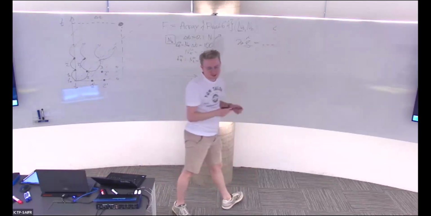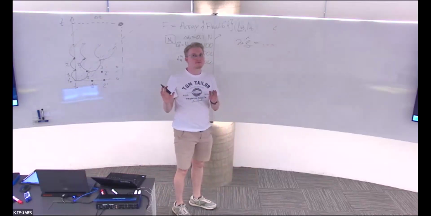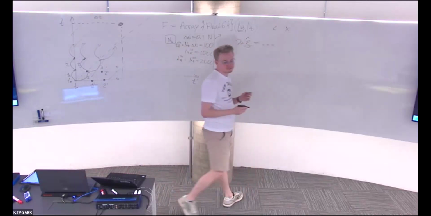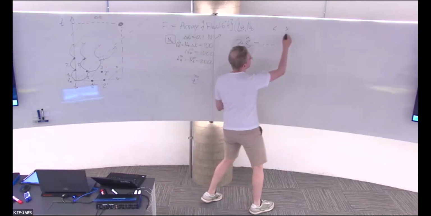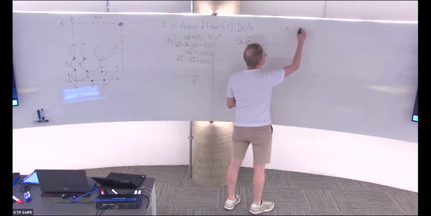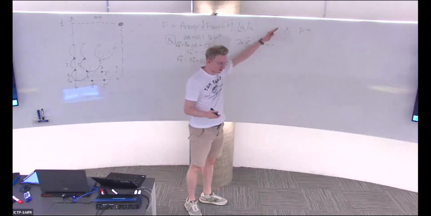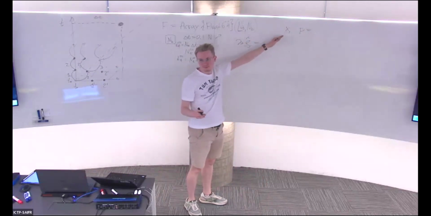So let's talk about scalar fields. You have X, and then what is the conjugate momentum for X? It's just harmonic. What is the conjugate momentum for X in terms of the derivative?